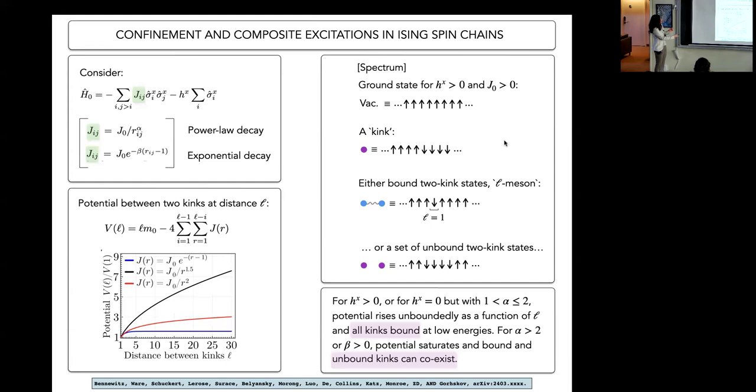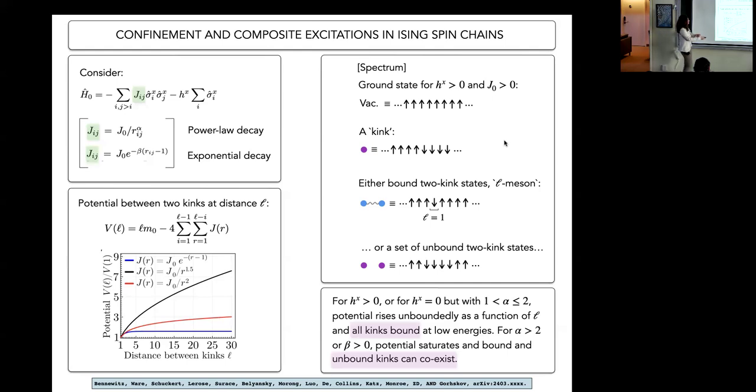And you see that for some of these interactions, the potential really grows unboundedly as a function of the distance. So what does that mean? As you take these two kinks apart, the potential energy in the system gets larger and larger. It's just like the spring notion, right? So that's why we have this confinement in the system.